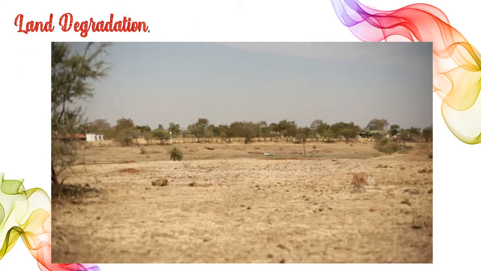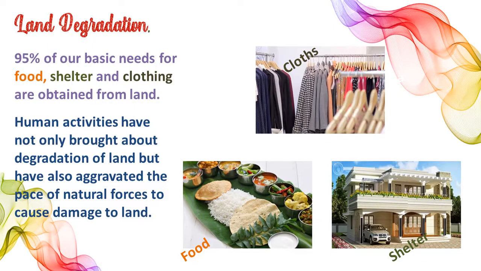Let us come to the topic land degradation. 95% of our basic needs for food, shelter and clothing are obtained from land. Human activities have not only brought about degradation but also have aggravated the pace of natural forces that cause damage to land.